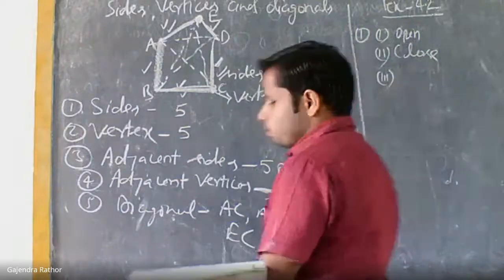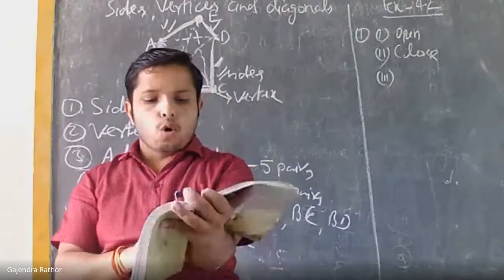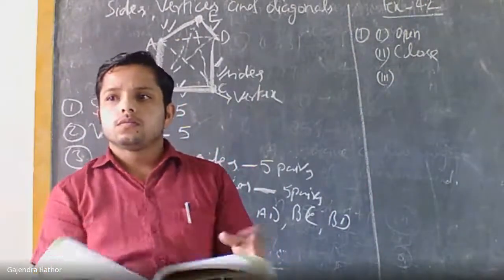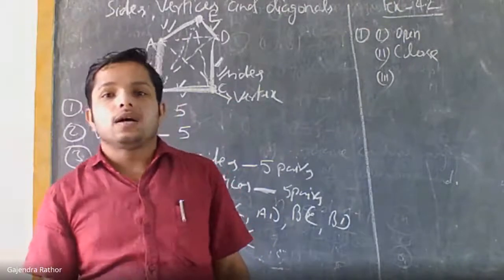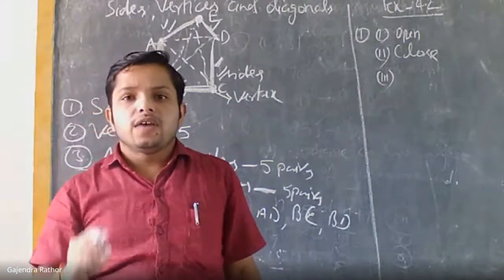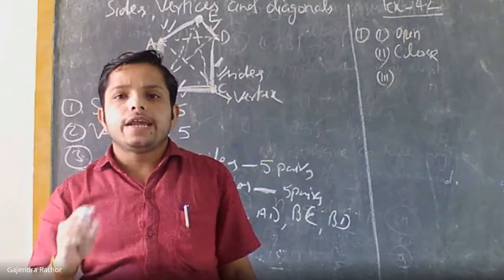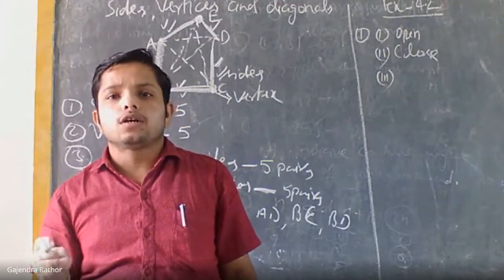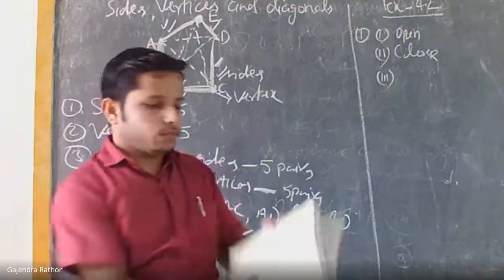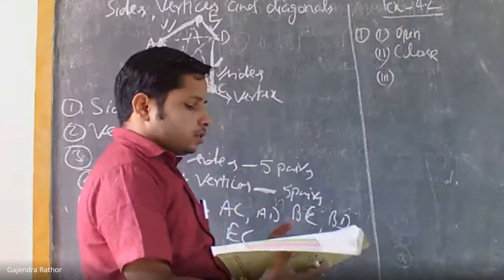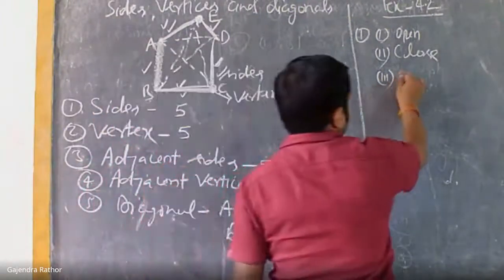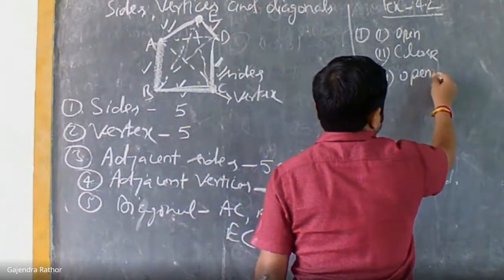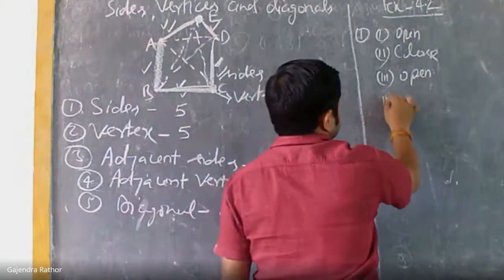Next, third, open or closed. We can also revise open and closed. If the two endpoints of any curve are joined to each other, this type of curve will be called closed, otherwise open. So the third is open because its endpoints are not joined.